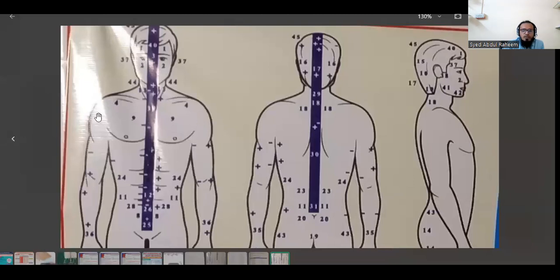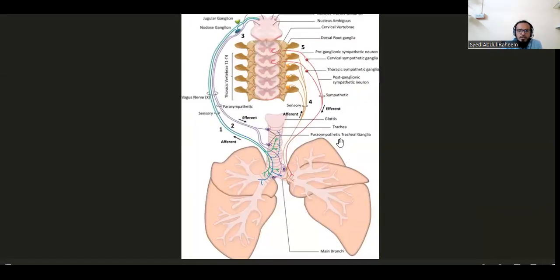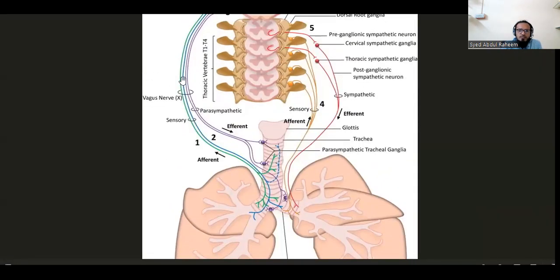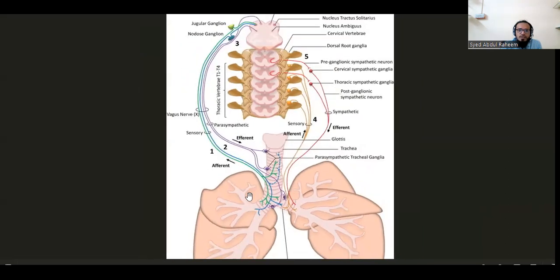Okay, next, point number 4. Here we have the bronchial nerve. You can see this in this image very clearly, the vagus nerve, the sensory nerve, the afferent nerve. This is the bronchial area, where a large number of nerves connect, mostly the vagus nerve.